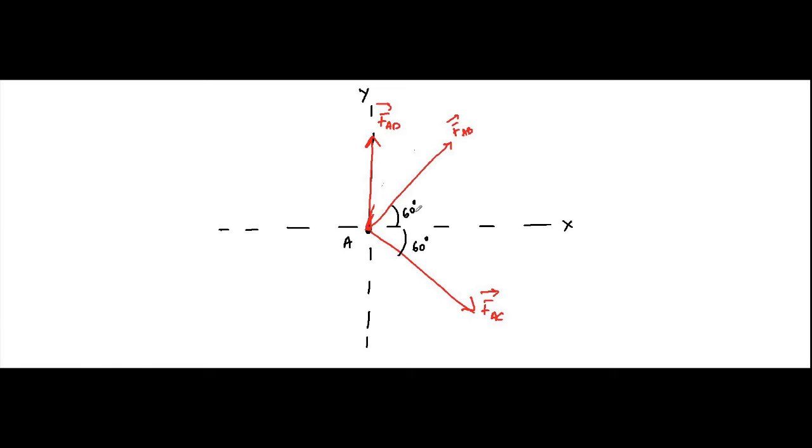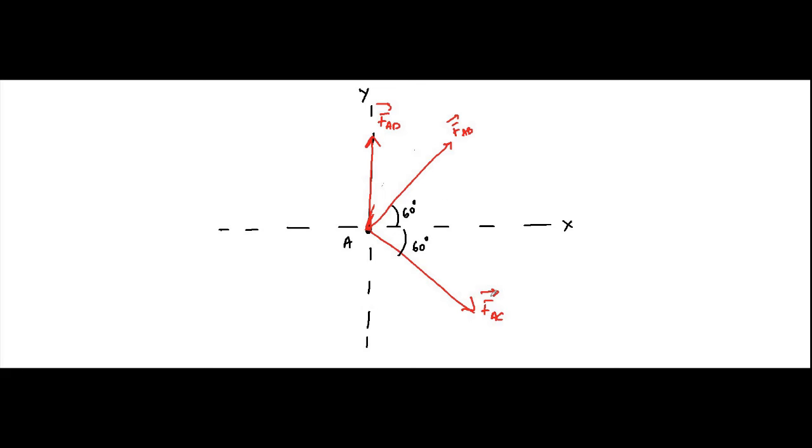So here we have FAB having two components. One along the x axis, which will be FAB cos 60 degree, and one along the y axis, which will be FAB sin 60 degree.